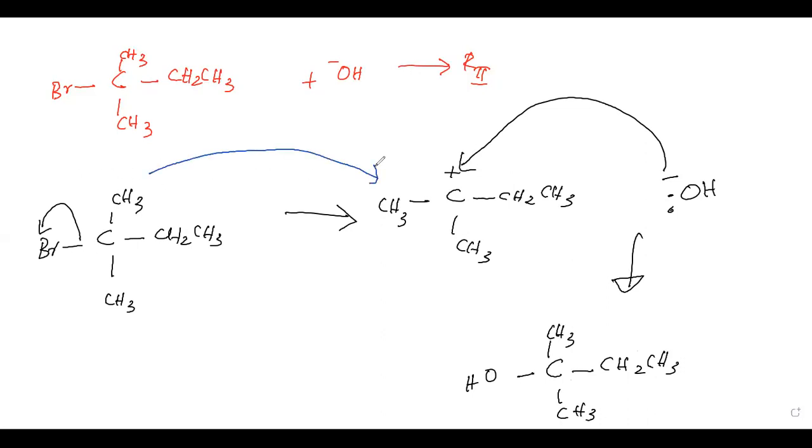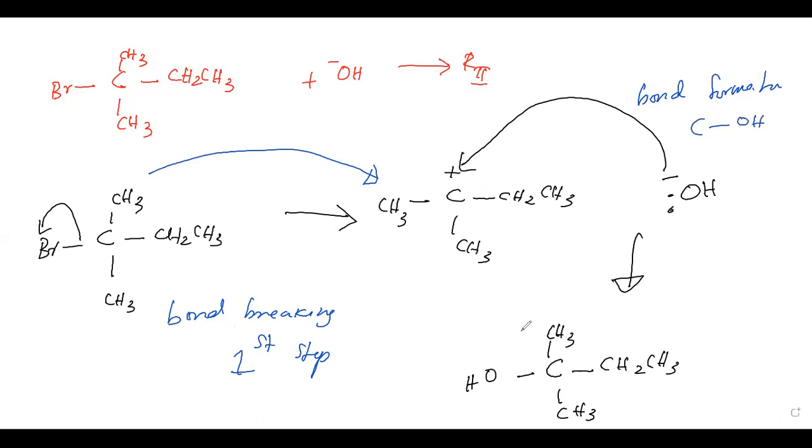Converting, the bond breaking, convert towards the carbocation. It's the first step. Then your second step, forming of the new bond. Bond formation with carbon, the OH group, carbon nucleus. And this is what we are calling.